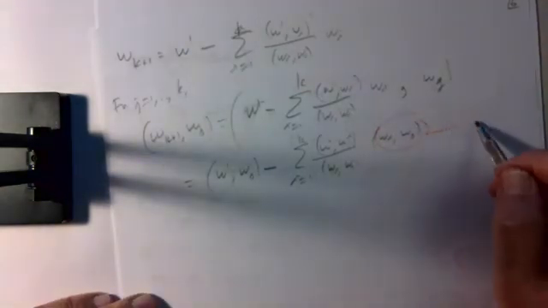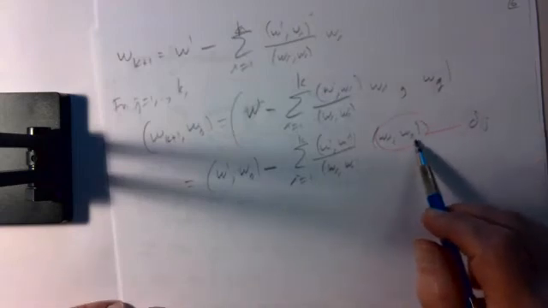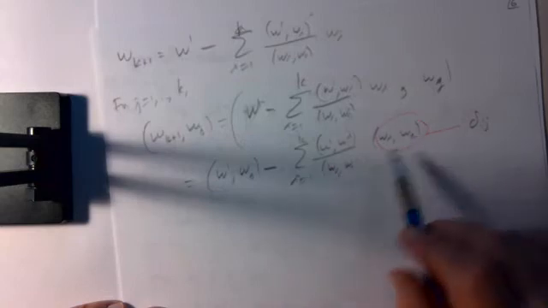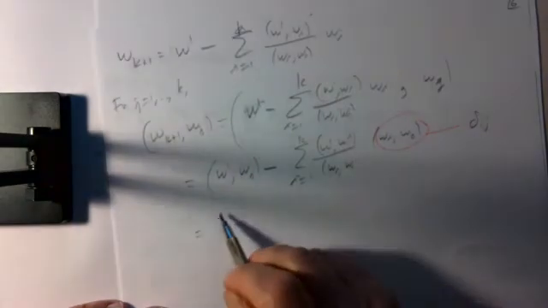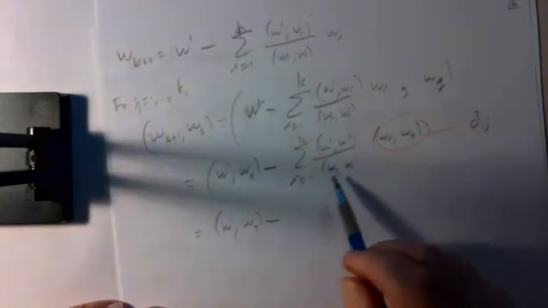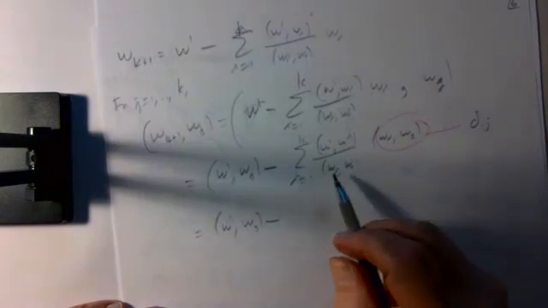But the inner product of w_i and w_j, that's delta ij, the Kronecker delta. This is 0 unless i equals j. So the only term which is not 0 is the term when i equals j. So I have the inner product of w prime and w_j minus, and I only have to look at the case i equals j.